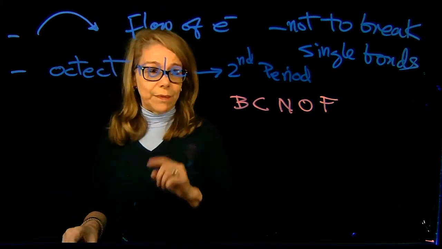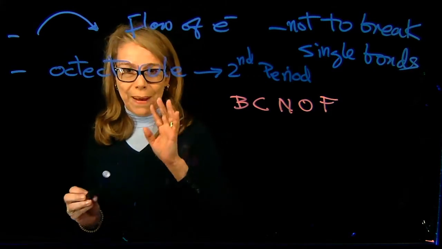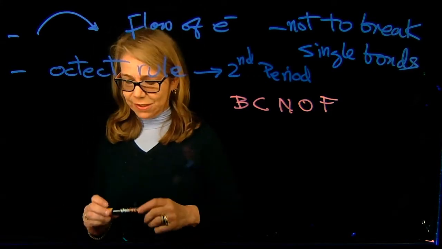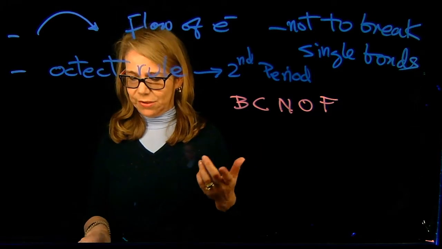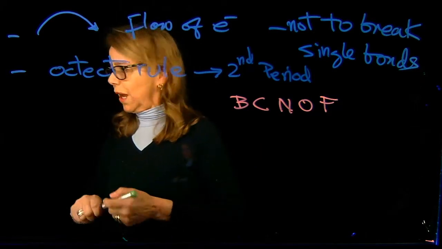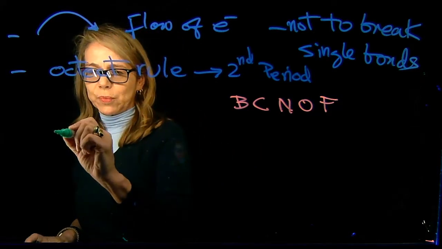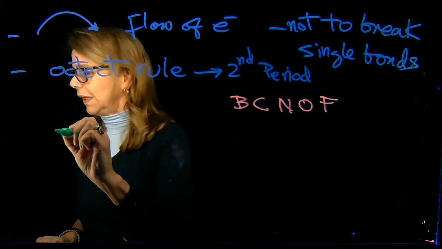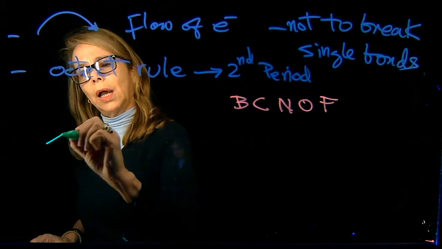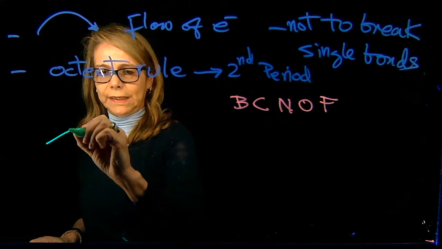Now, we're going to recognize patterns today that repeat in resonance structures so that we can draw resonance structures more easily. The first pattern that we're going to see is, for example, I'm going to write allylic.